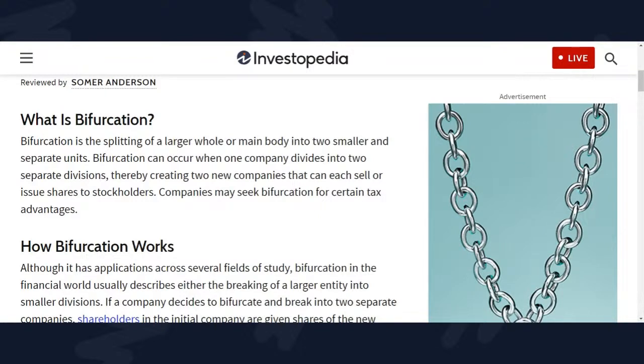Bifurcation is a splitting of a larger whole or main body. This is the legal title. It's the creation of a legal title to split the entire estate that comes into being as a springing trust from when mom goes to the hospital and gives birth, bears labor of giving birth to her young. And that bifurcation is the creation of a record as a legal establishment for a trust, which is the establishment of the burial trust.